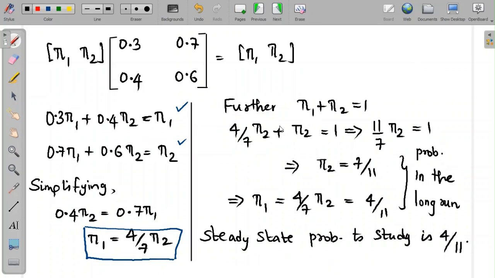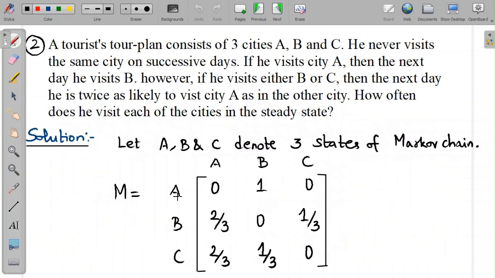All right, for our next problem, we'll discuss a similar scenario where we discuss the tour plan of a tourist across three cities A, B, and C. The description is as follows. A tourist's tour plan contains three cities A, B, and C. He never visits the same city on successive days.